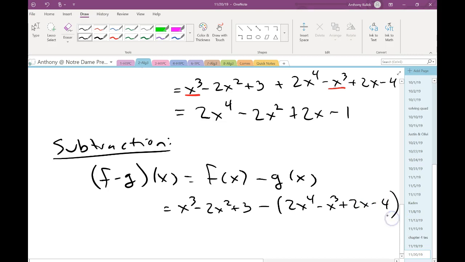The only catch is I have to make sure I'm subtracting all of g of x and not just its leading term. So it's very tempting to forget that set of parentheses that I put around g of x and just subtract the 2x to the fourth. But I need to make sure that that negative sign distributes to everything in g of x.